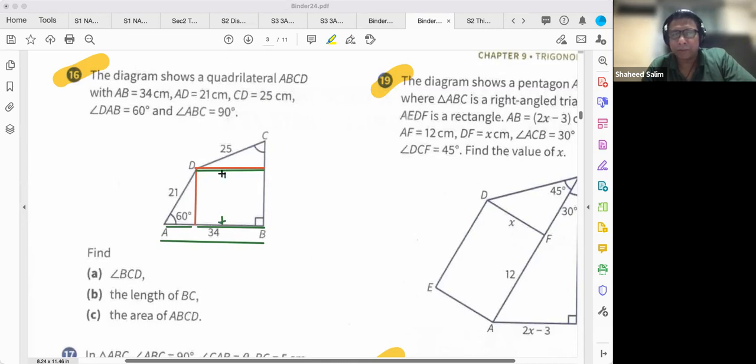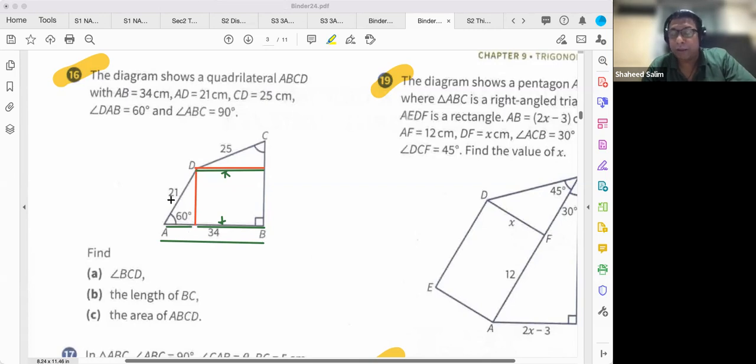I have this angle, I have the hypotenuse, I want to find the adjacent, so I can use cosine. Cosine 60 is equal to x over 21, where you call this x.